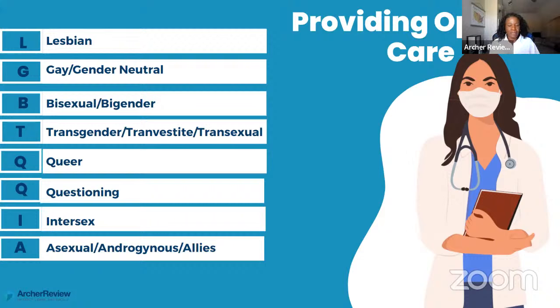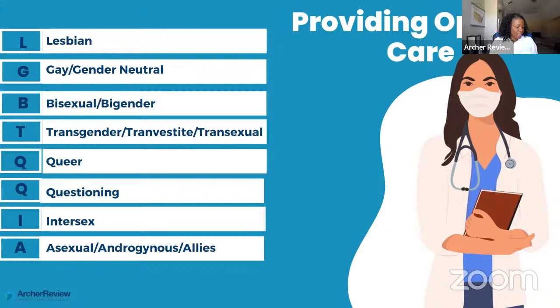It doesn't have to be permanent, it could change, but if they're asexual, that's what it means at that time, that they're just experiencing little to no sexual attraction. Androgynous is a term that describes someone whose characteristics are of both femininity and masculinity, either in appearance, demeanor, or clothing.